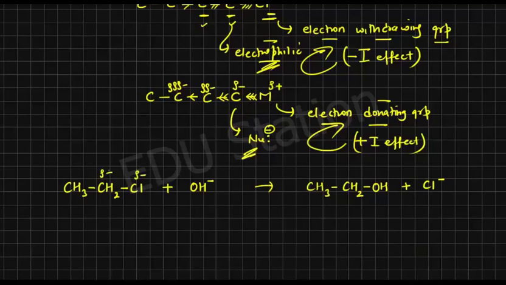This will be delta negative, this will be delta positive, this will be delta delta positive, this is negative. Negative attracts positive. So, which is the most positive point in this molecule? The most positive point is over here, this carbon. So, this OH goes and interacts on this carbon and it replaces Cl, Cl negative goes off.